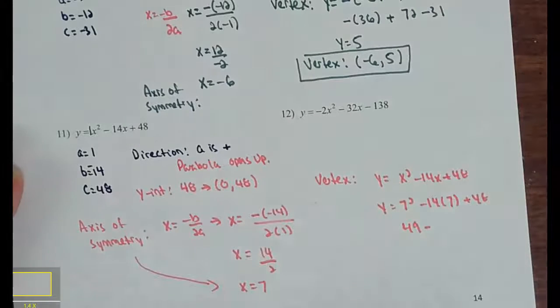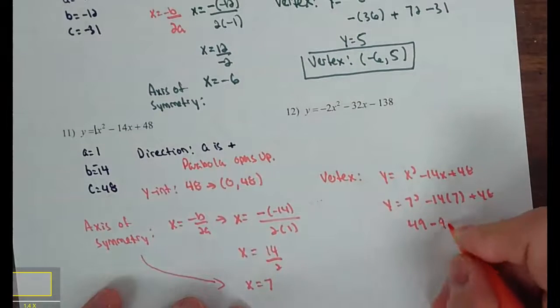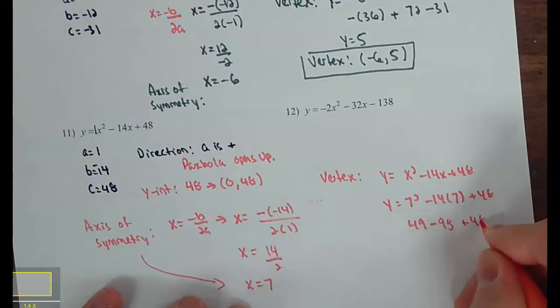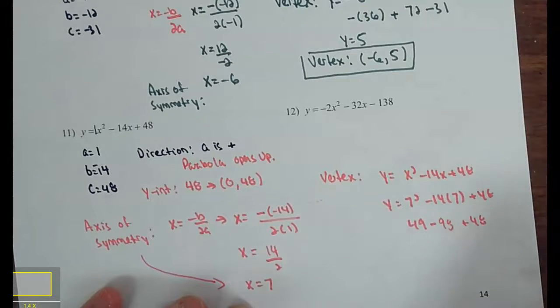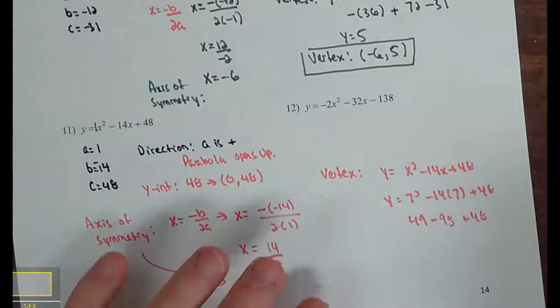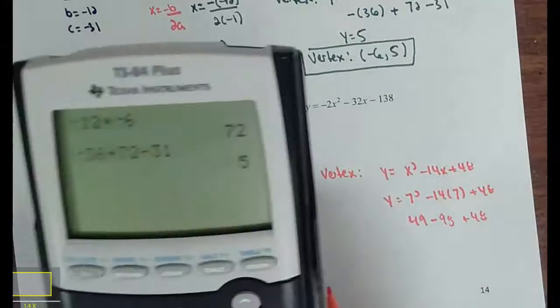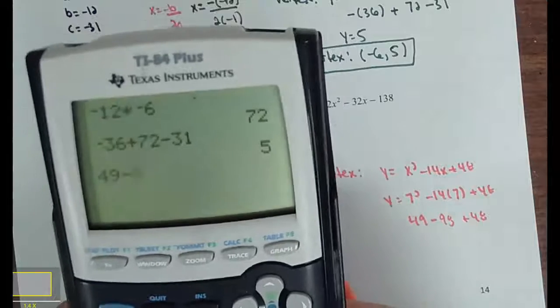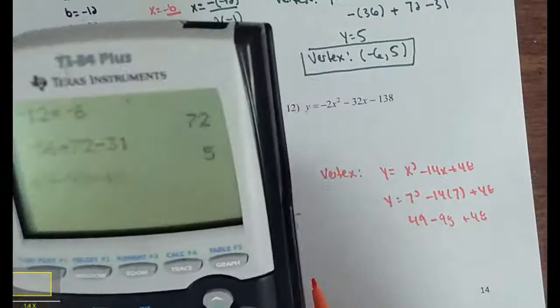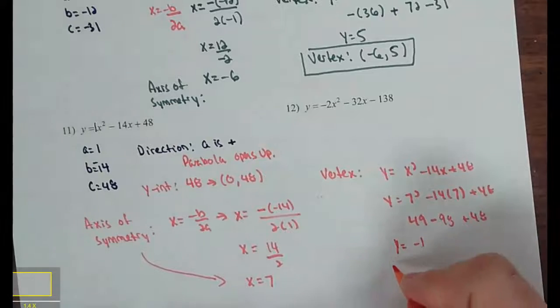That's 49 minus 98 plus 48, which is negative 1. So y is negative 1, and your vertex turns out to be 7, negative 1.